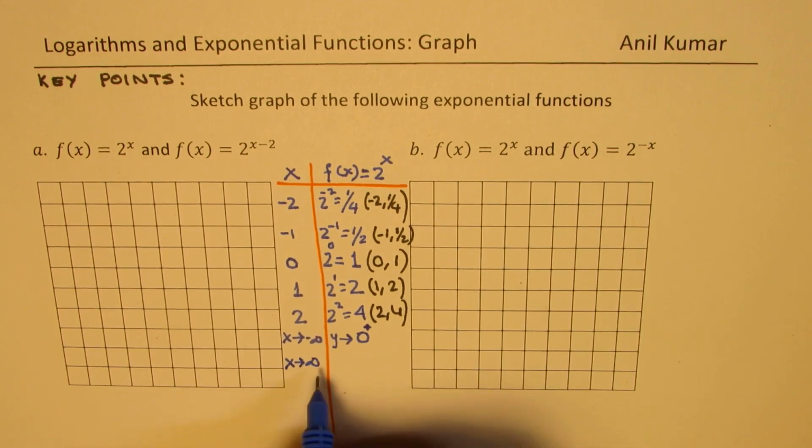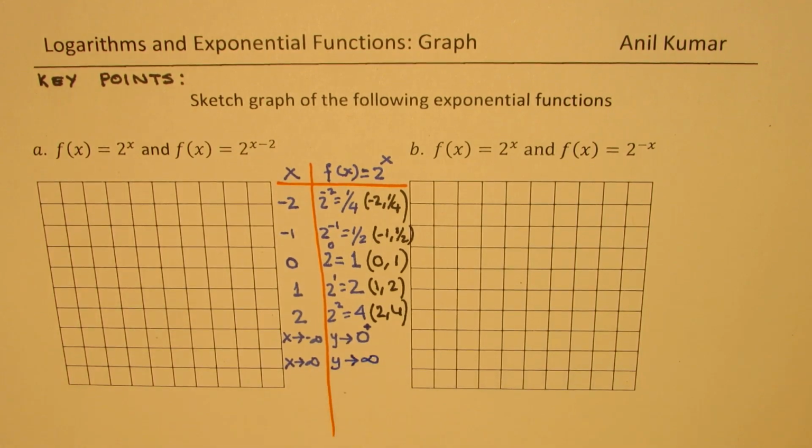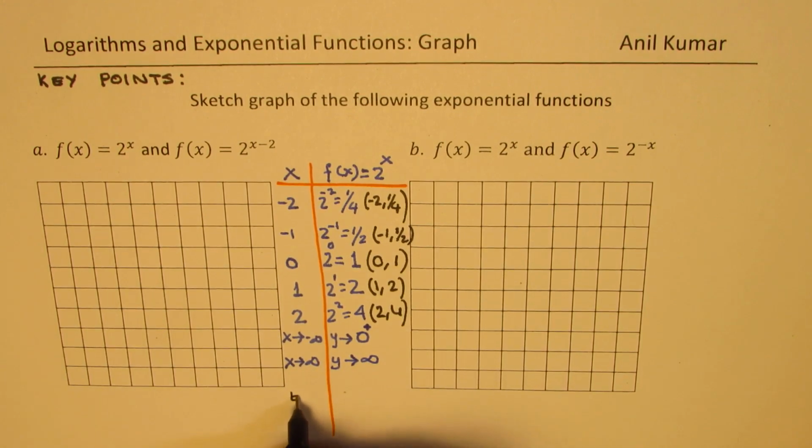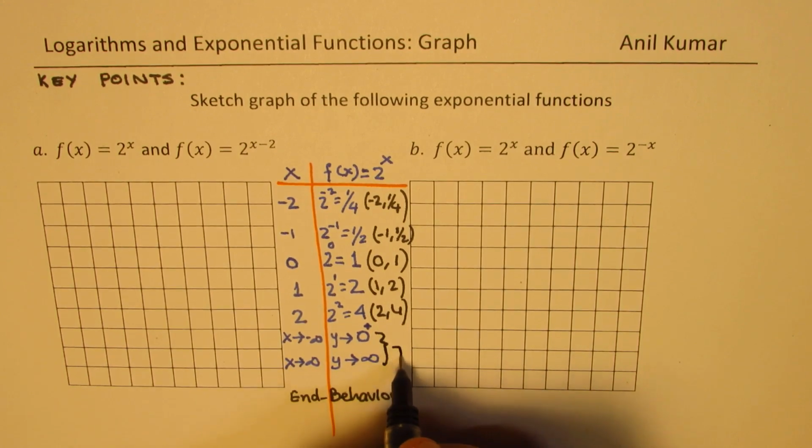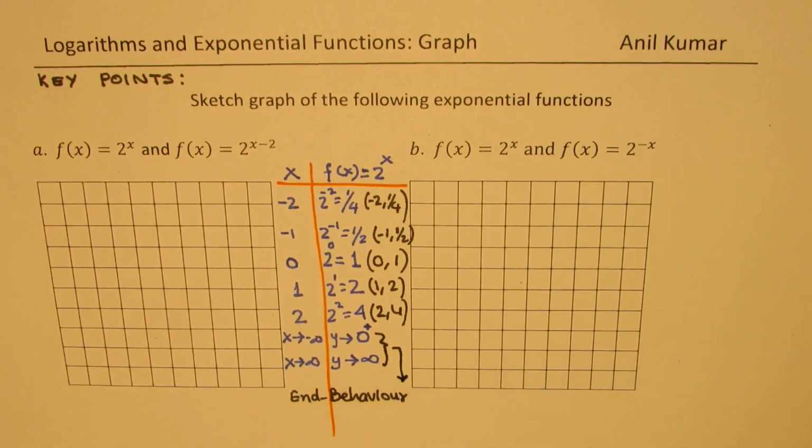In that case, the y value will also be very large, infinitely large. So that gives you the end behavior, right? End behavior is also a very important feature whenever we are sketching any graph.